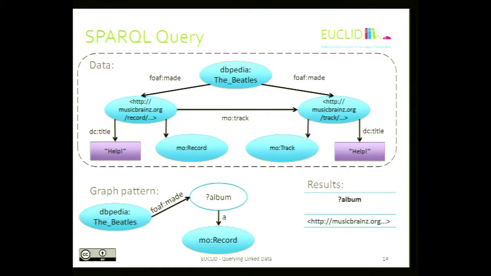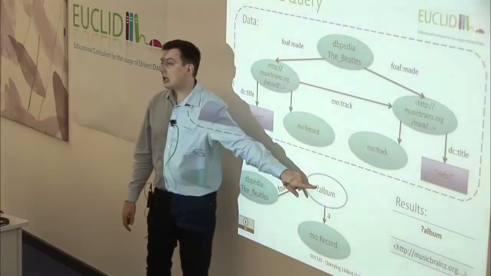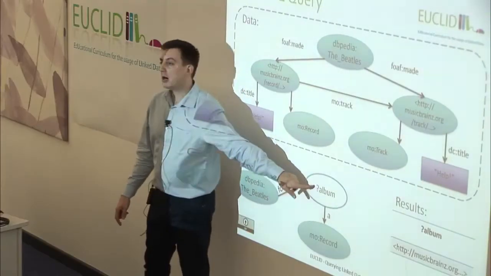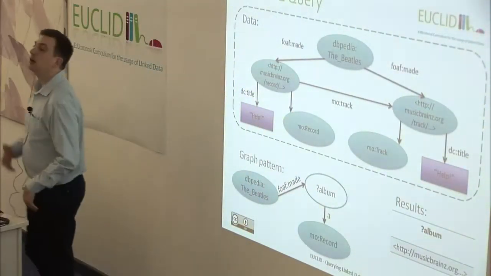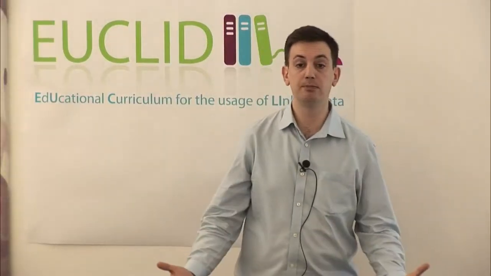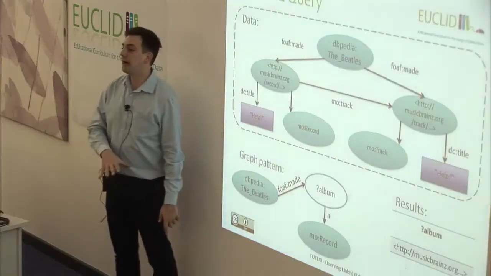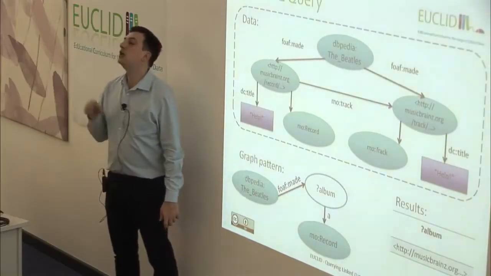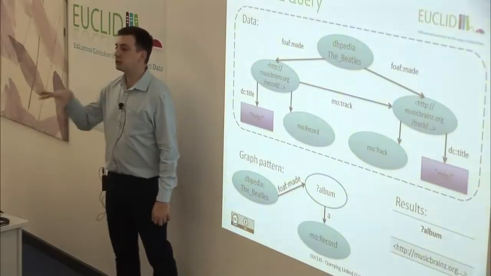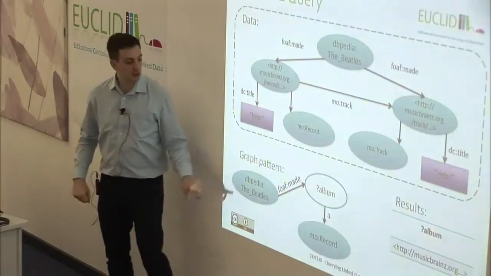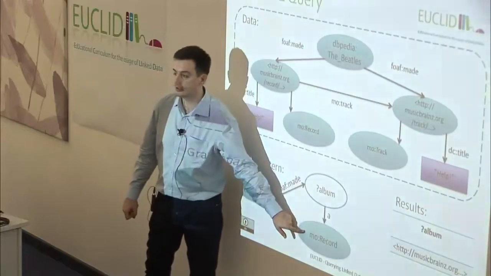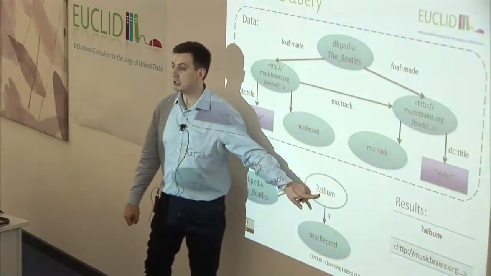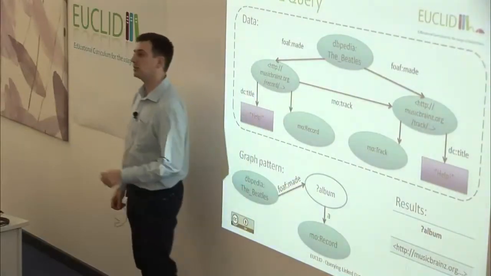So if we write a pattern that says the Beatles made an album, okay, we can equally bind to that variable called album a track, or indeed the Beatles made movies. Okay? So the naming of the variable has no effect on the binding. If we want to say that the resource that should be bound here belongs to a class, we add another pattern that says that variable is a resource that's in the class that we're interested in.